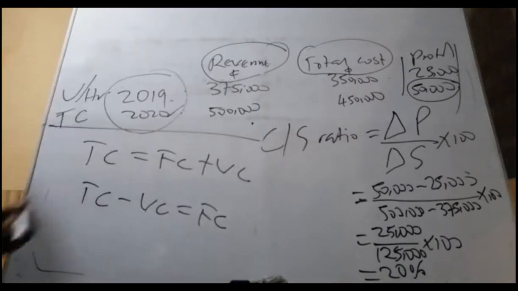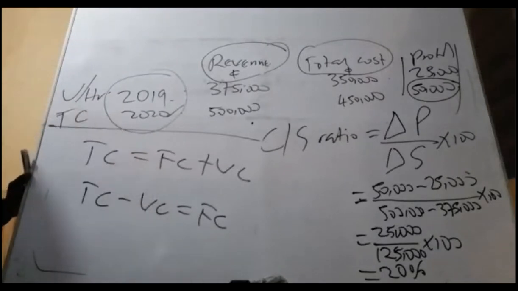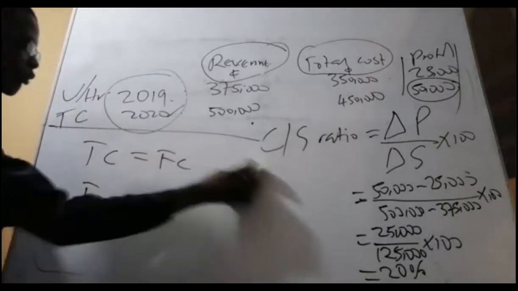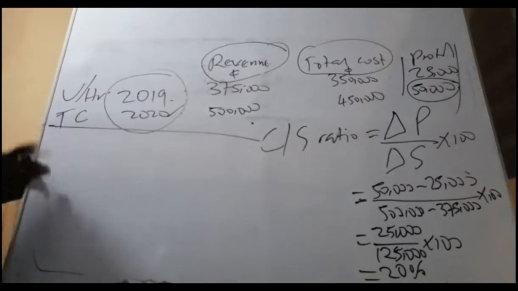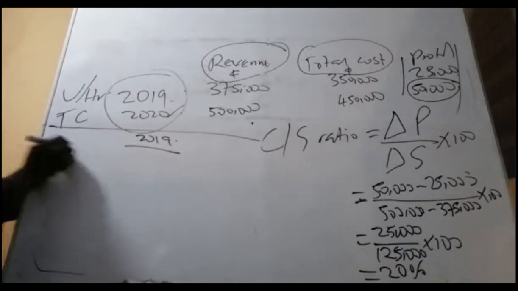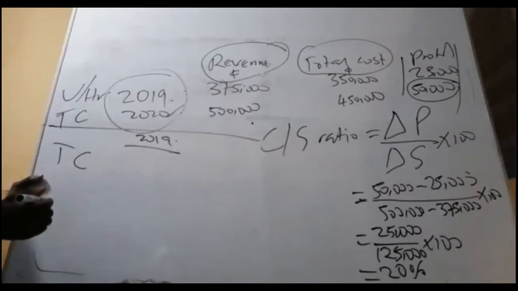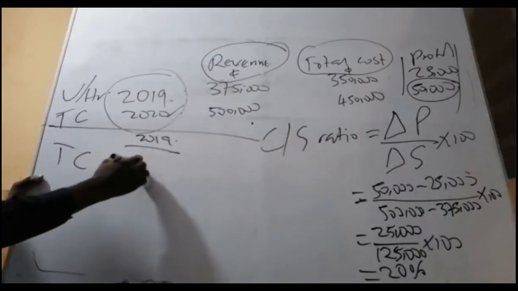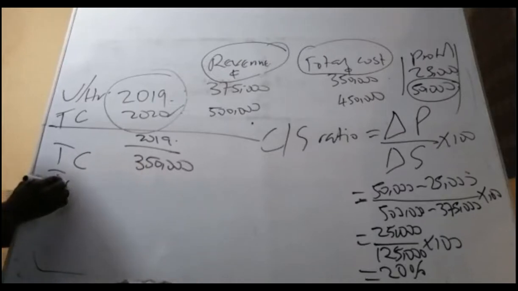So pick any of the activity levels, whether 2019 or 2020, the answer will be the same. So let me take 2019 first. What's the total cost in 2019? 350,000, right?